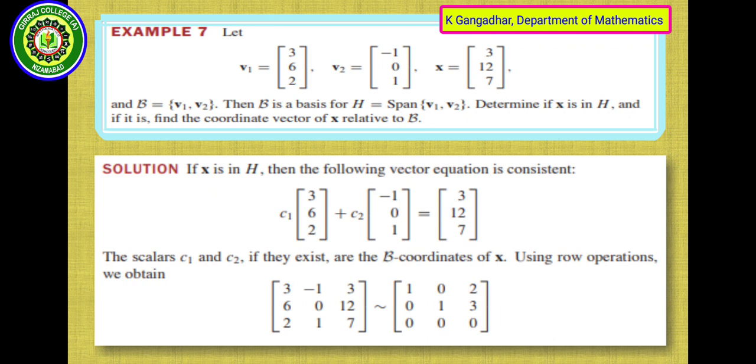Then the resulting matrix gives the scalar values c1 and c2. The upper triangular form is 1, 0, 2, 0, 1, 3, 0, 0, 1. The last column elements give the c1 and c2 values: c1 is 2 and c2 is 3. Therefore the coordinate matrix is 2, 3.